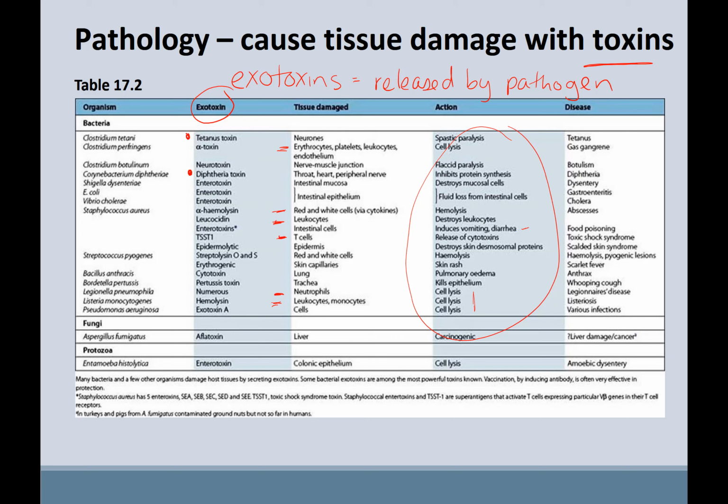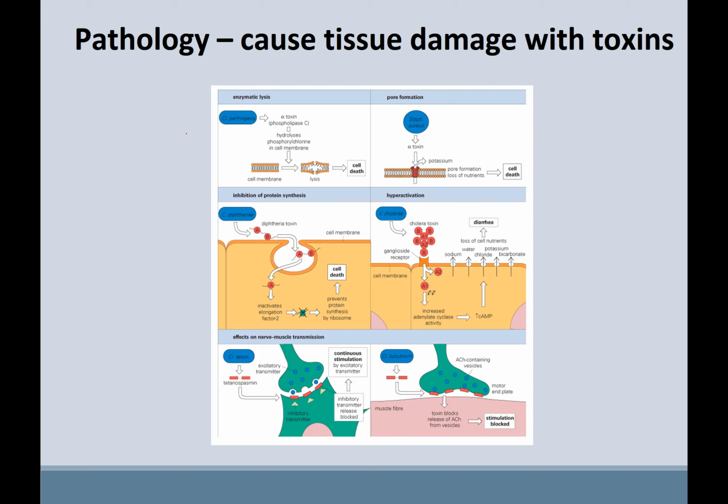But of all of these ones listed, those are the only two we have. So this image from your book is just to kind of help you see what's happening. So again, the toxins are in the little blue, and it tells you what organism they're from. Organisms in the blue releasing the toxin.